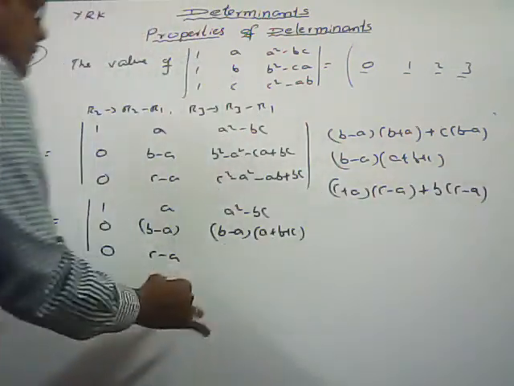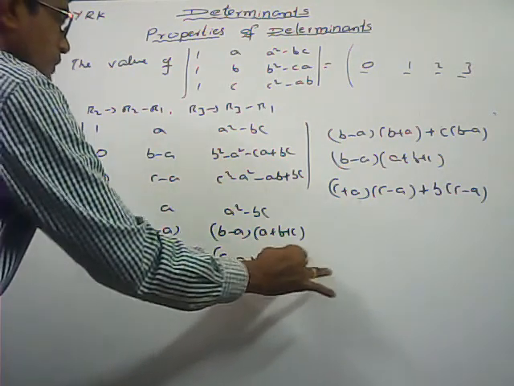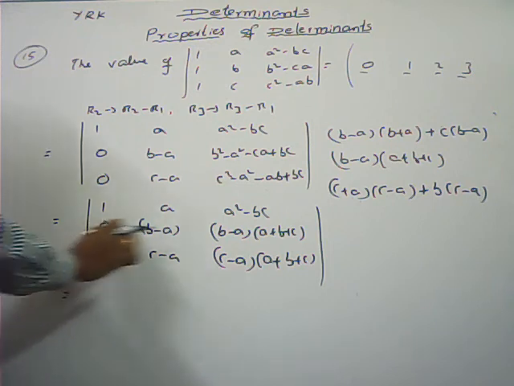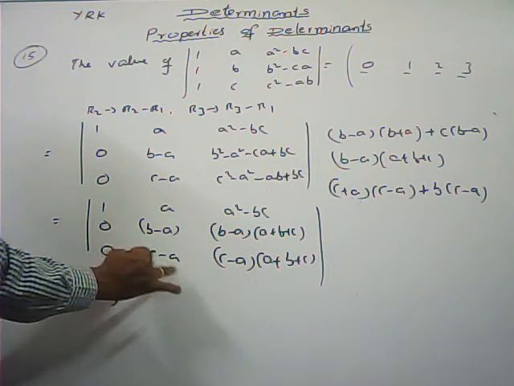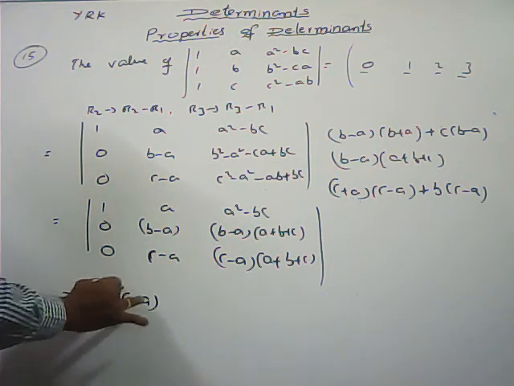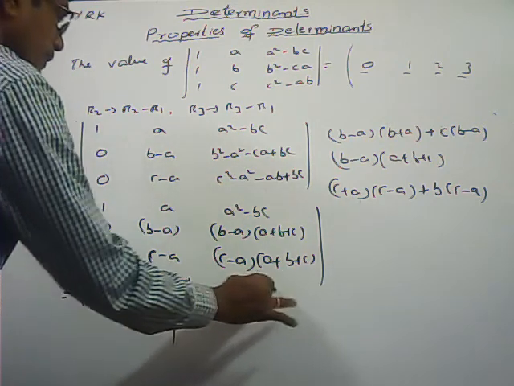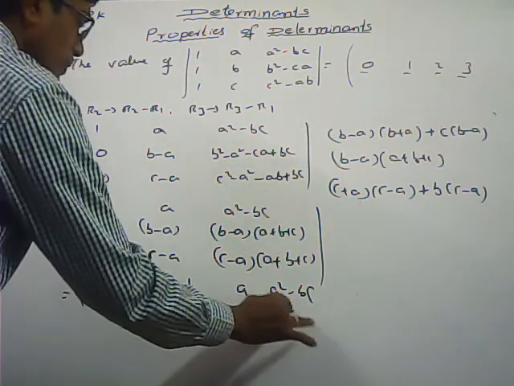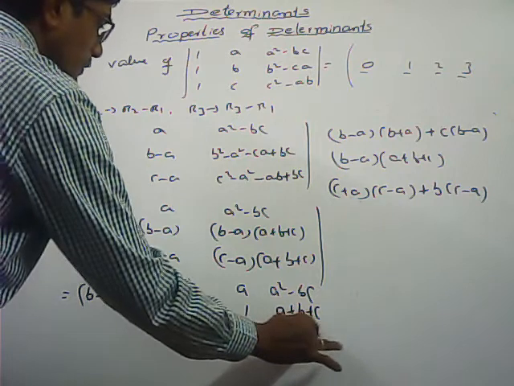Here also if I take C minus A common, A plus B plus C. So by observing every element in the second row, that is a multiple of B minus A. So the determinant is equal to B minus A times, and in the third row every element is a multiple of C minus A. So 1, A square minus BC, 0, 1, A plus B plus C. Here 0, 1, A plus B plus C.